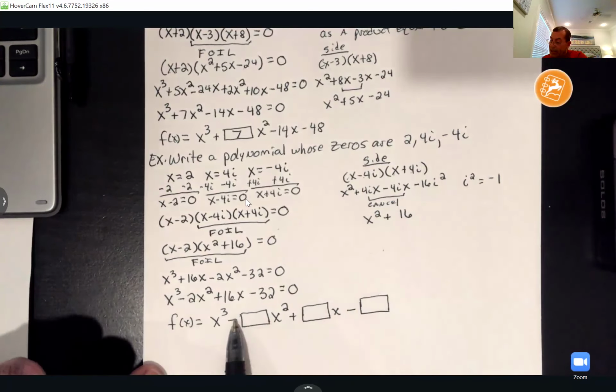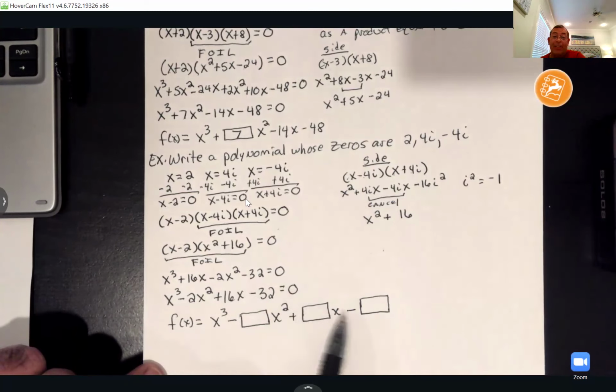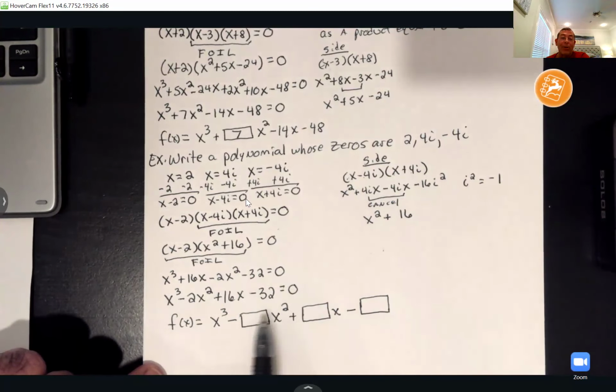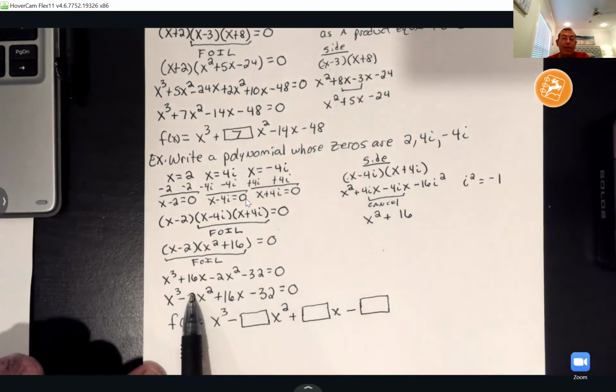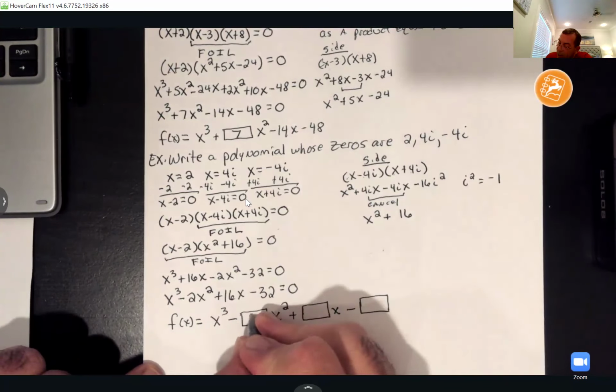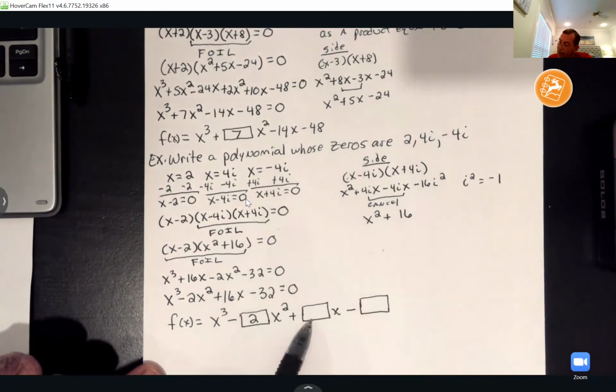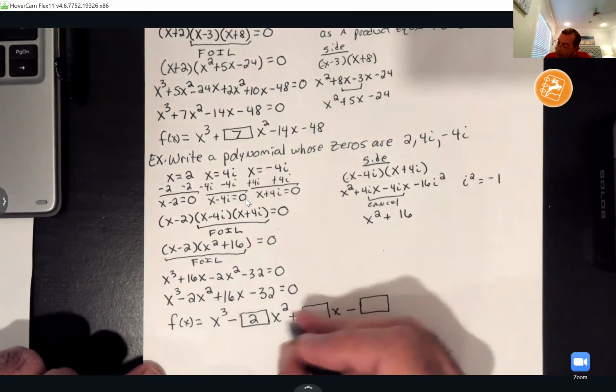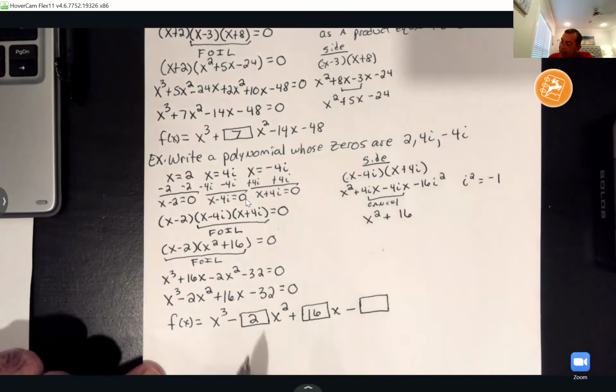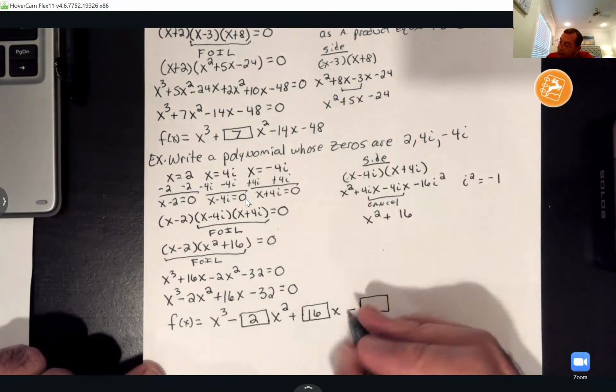So at least they're telling us the signs, and we can verify our signs are right. All we got to do is put in the numbers. So I need a 2 here for my 2x squared. What's next? I need a 16 in front of my x. And then at the end is a minus 32.